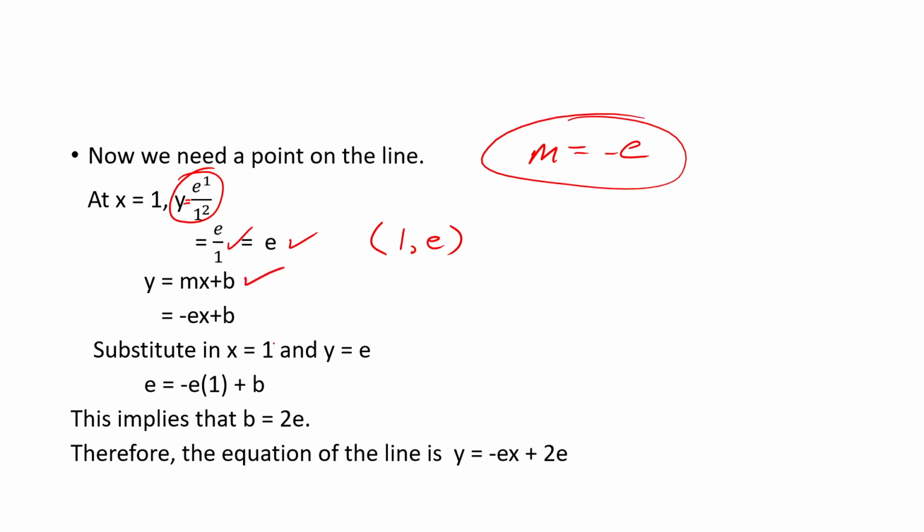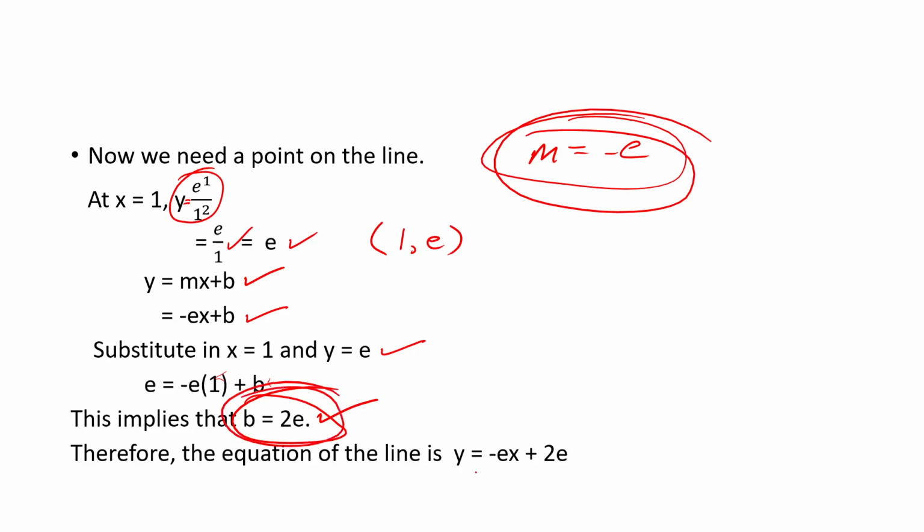So instead of saying y equals mx plus b, we can say y equals negative ex plus b. And subbing in an x value of 1 and a y value of e, we get e is equal to negative e times 1 plus b, so b is equal to 2e. So m is negative e and b is 2e, and so that means the equation of our line is y equals negative ex plus 2e.